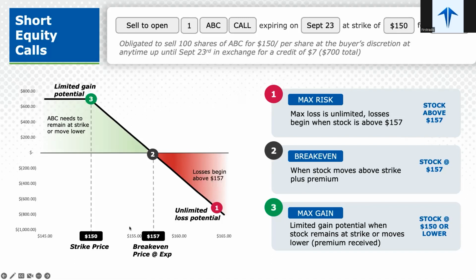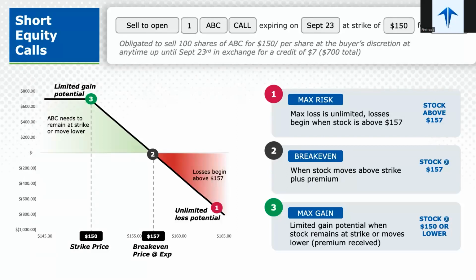So if ABC were to go up beyond that same break-even point of 157, I would be obligated to fulfill the other side of that, which means, since ABC can go to an astronomically unlimited price, that I would have to buy the shares at the market, whatever price that is, if it's $200, and then sell at 150 per share because I agreed to those terms by selling that call option.